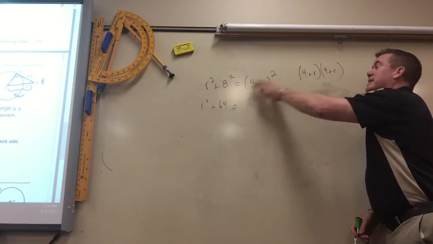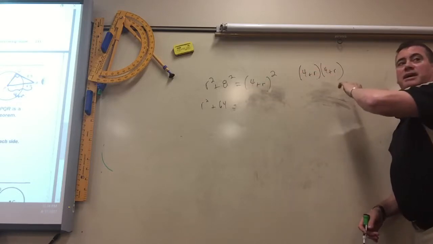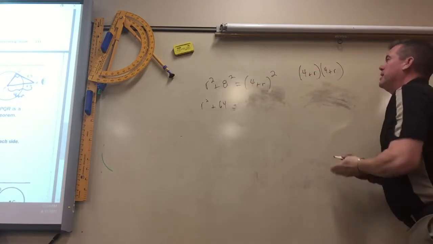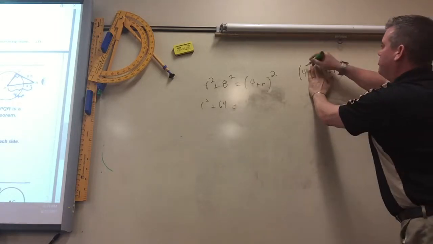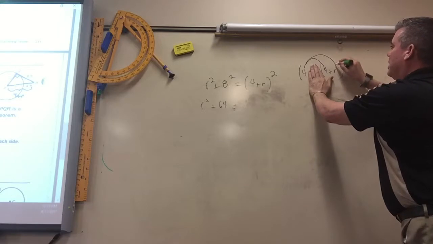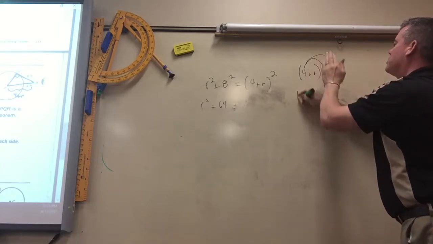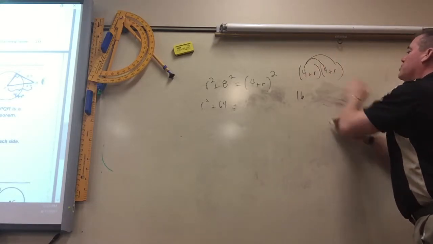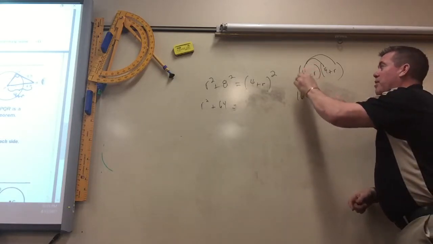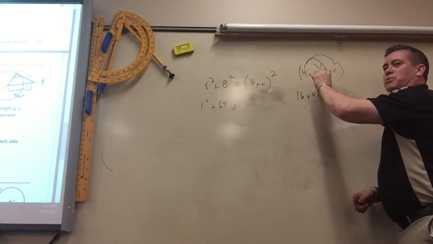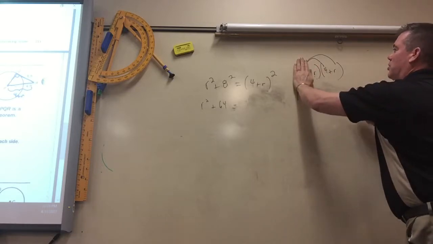When you have this, it's like a distributive property. It would be 4 times 4 is 16. 4 times r is 4r. Then you also distribute the next one.